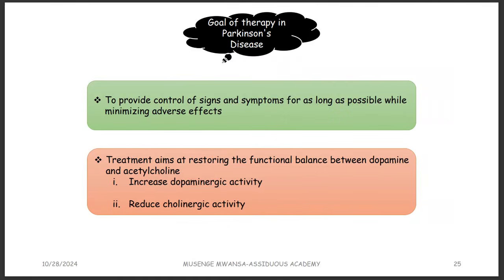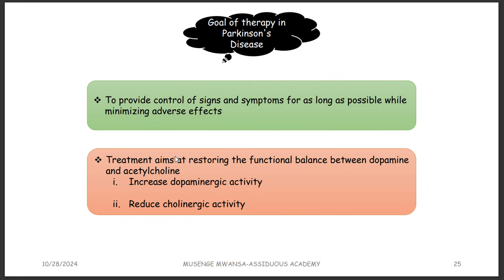What do we desire to do when we are treating someone that has Parkinson's disease? What is the goal? Number one is to provide control of signs and symptoms for as long as possible. You can barely cure the disease, just control the signs and symptoms. But as you are doing that, you want to minimize the adverse effects.